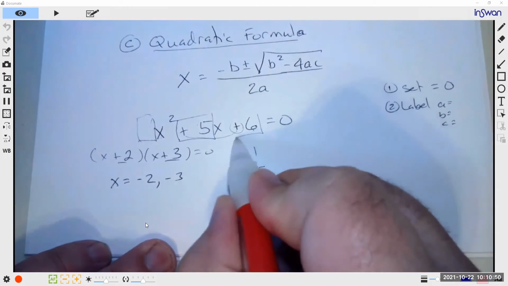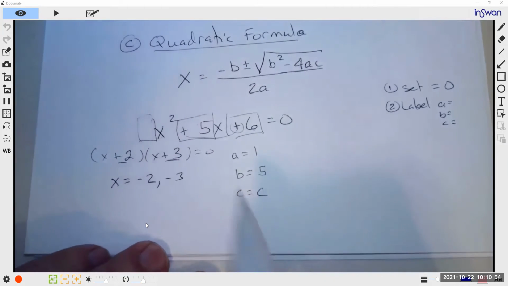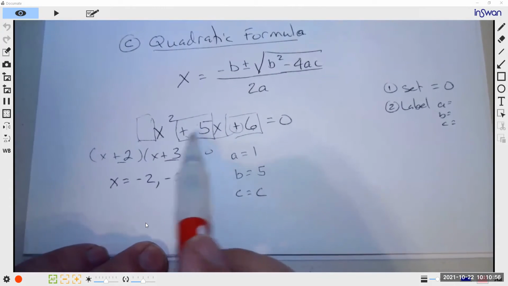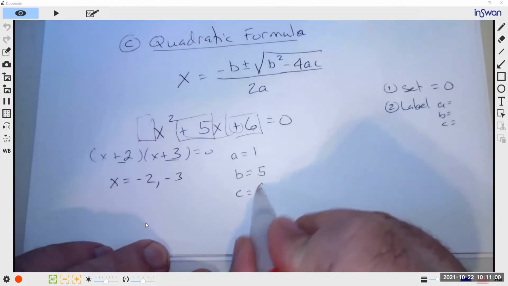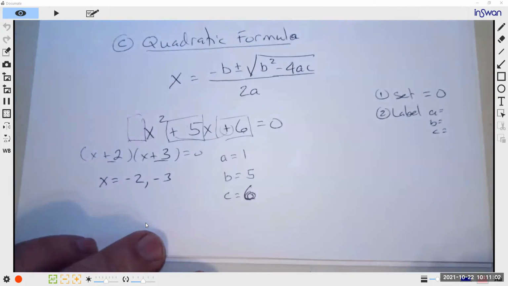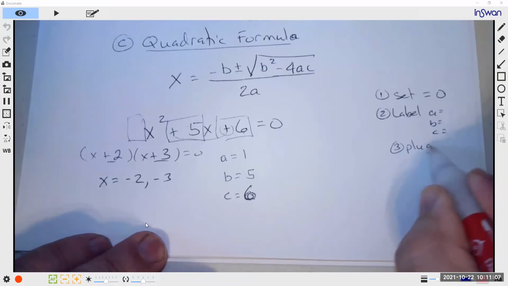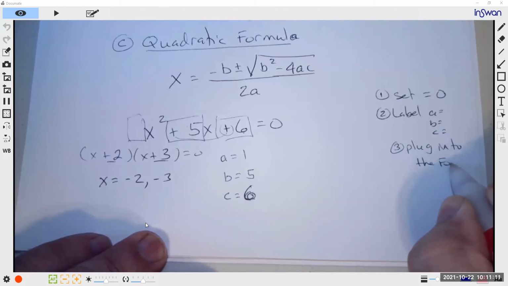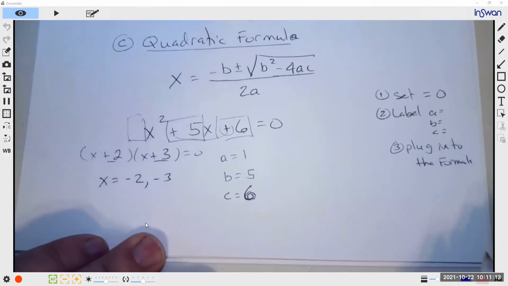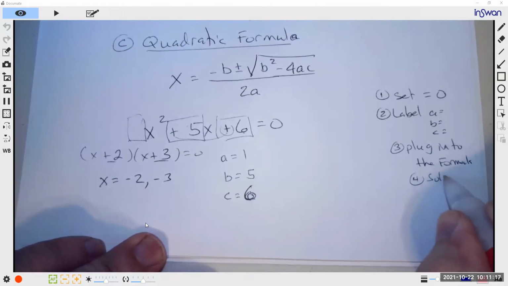And C is the constant, which is 6. The signs go with the numbers. If it's a -5, it's -5. If it's a -6, it's -6. Oops, 6, not a C. Plug the values inside the formula and solve.